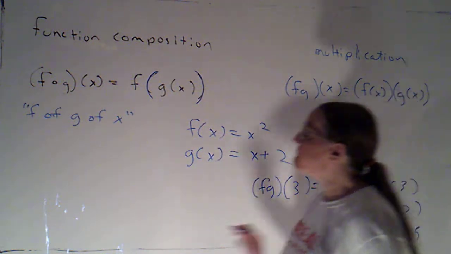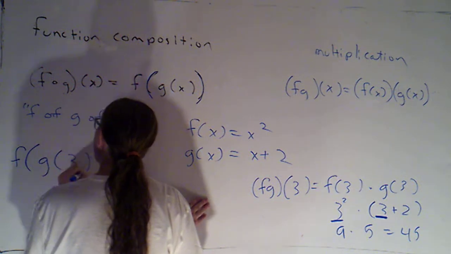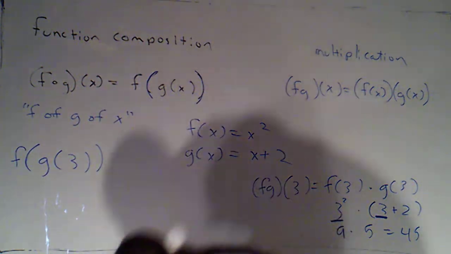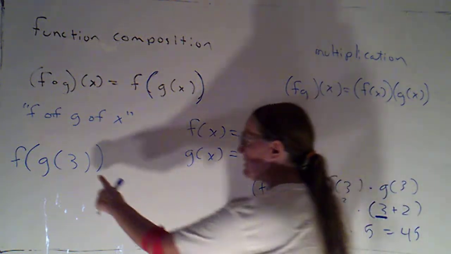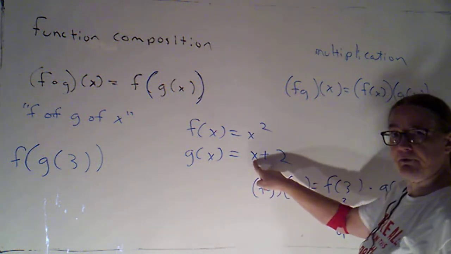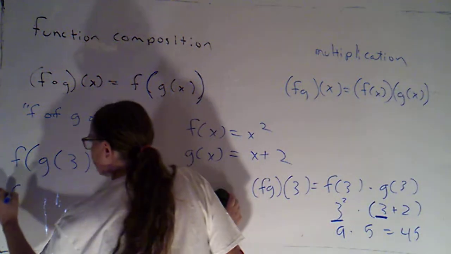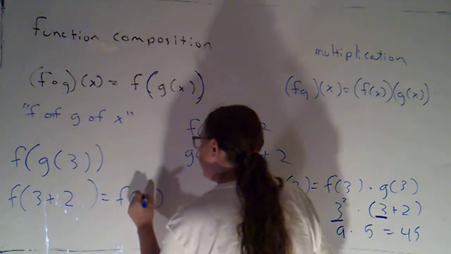Okay. On the other hand, if I look at f of g of 3, well, what I'm going to do here is I'm going to take 3 and I'm going to plug that into g. Now, g told me to take 3 and add 2 to it. So I can say this is f of 3 plus 2, or f of 5.